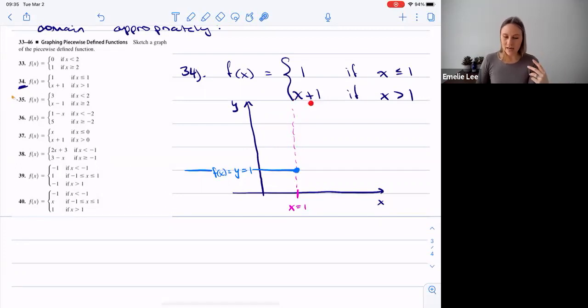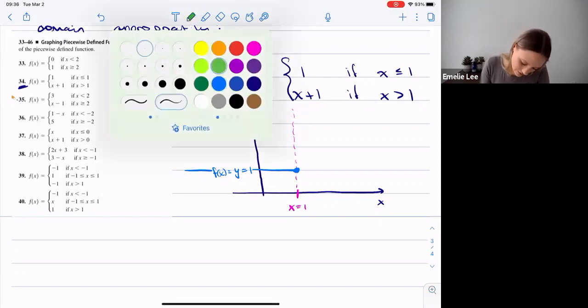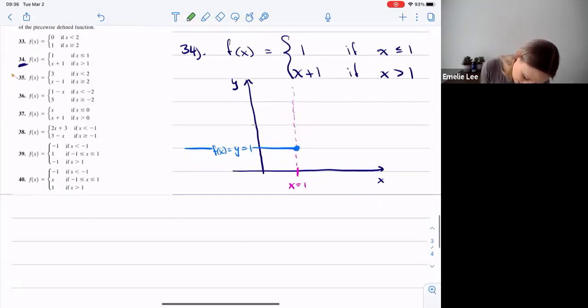I know it's not x plus 1 at 1, right? But we can do an open dot. So at x equals 1, x plus 1 becomes 1 plus 1, which is 2. And so here, f of x equals y, which equals 2 at this point here.